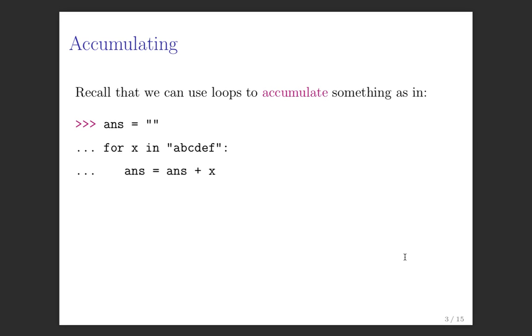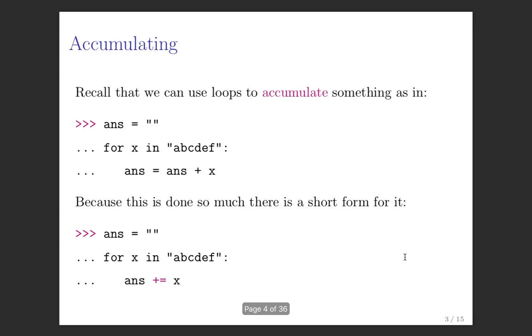Recall further that we were using loops last week to accumulate values. So I could say that answer was empty and then loop through A, B, C, D, E, F and accumulate that value, and by the end of it, answer would be A, B, C, D, E, F. Now, because we accumulate so often, there is a short form for accumulation, which I didn't show you last week because I didn't want to overwhelm you with new stuff.